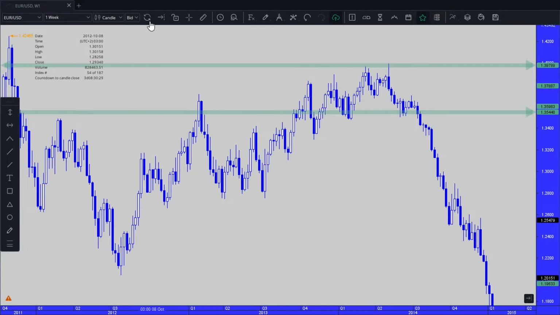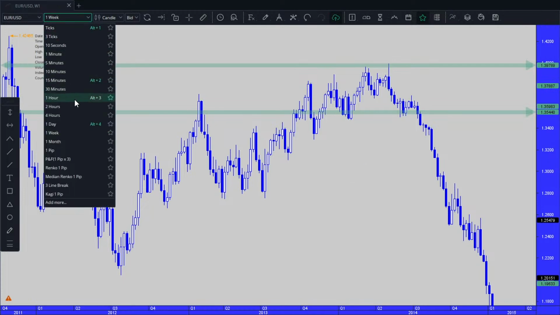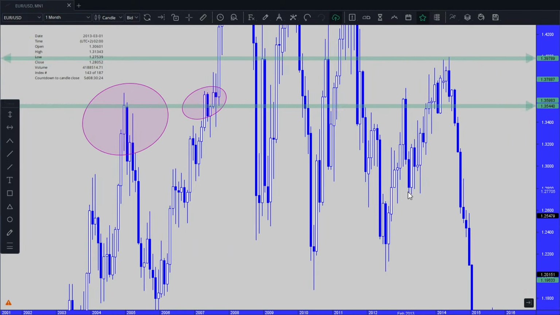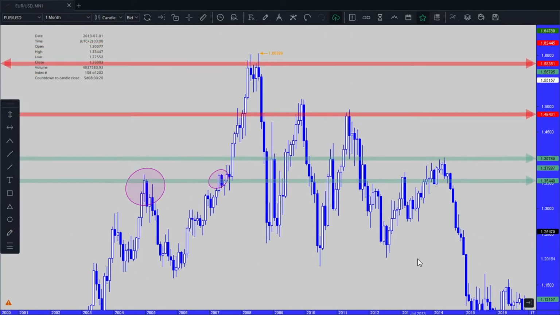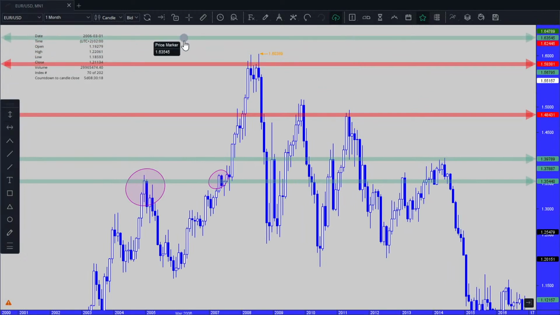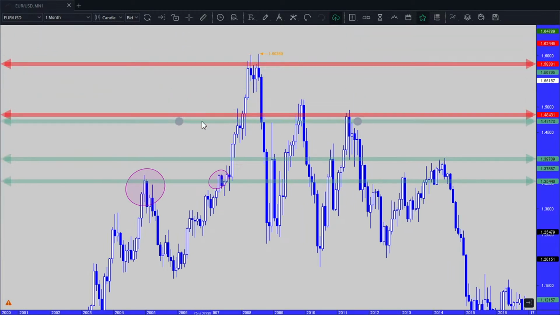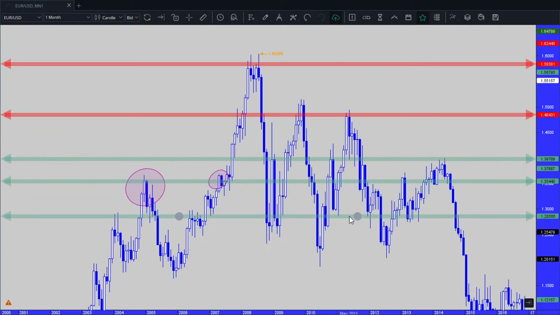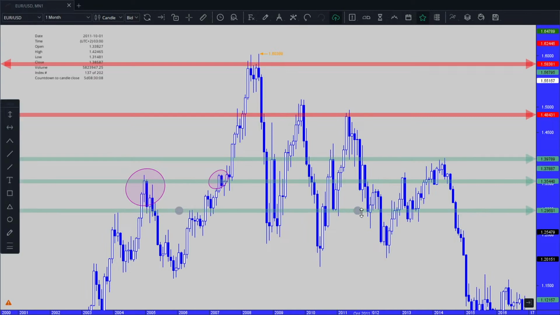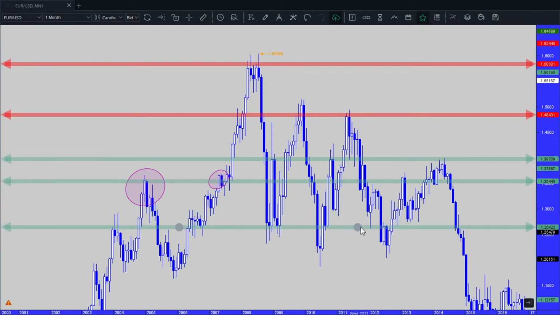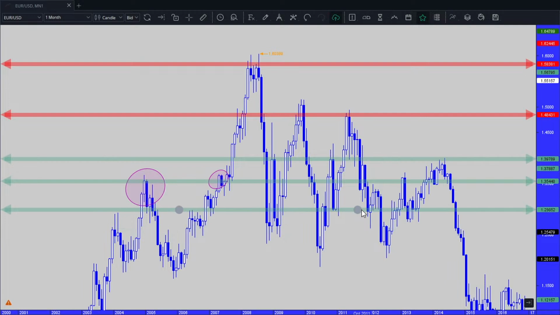Very good. So I'm going back on the monthly. So I have now resistance, pivot point. Let's continue. Scrolling down, down, down. Now here we have some lows. This is a low, this is a low, right? Again, you can leave it like this, you can leave it like this. It's an area.